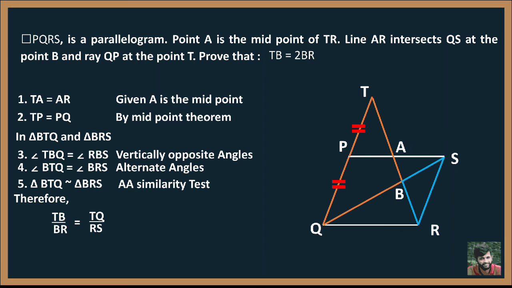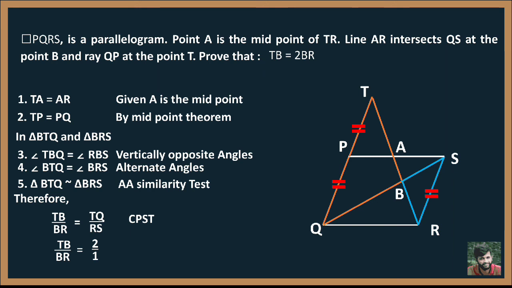Now if you look at the figure, I can say that CPST is part of it. PQ is equal to RS, so I've put marks over there to show that both of these sides are equal. If I say RS is 2 centimeters, then PQ will also be 2 centimeters.